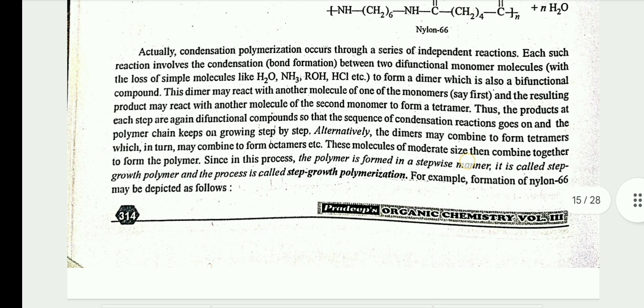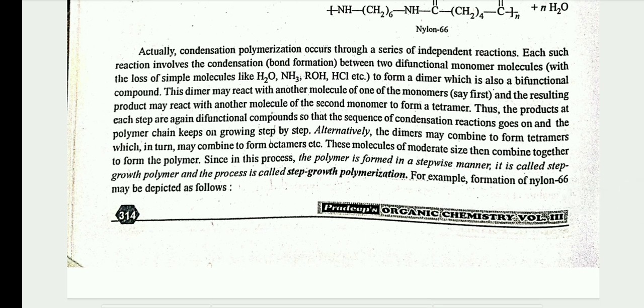Actually, condensation polymerization occurs through a series of independent reactions. Each such reaction involves the condensation between two bifunctional monomer molecules, with the loss of simple molecules like H2O, NH3, ROH, or HCl, to form a dimer, which is also a bifunctional compound.